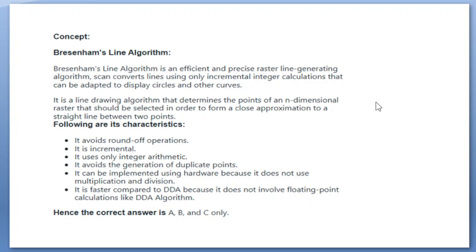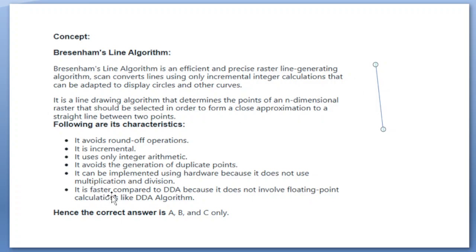See, if we want to draw a line, the Bresenham algorithm takes only integer point values, not decimal values. But the DDA algorithm uses floating point values also.